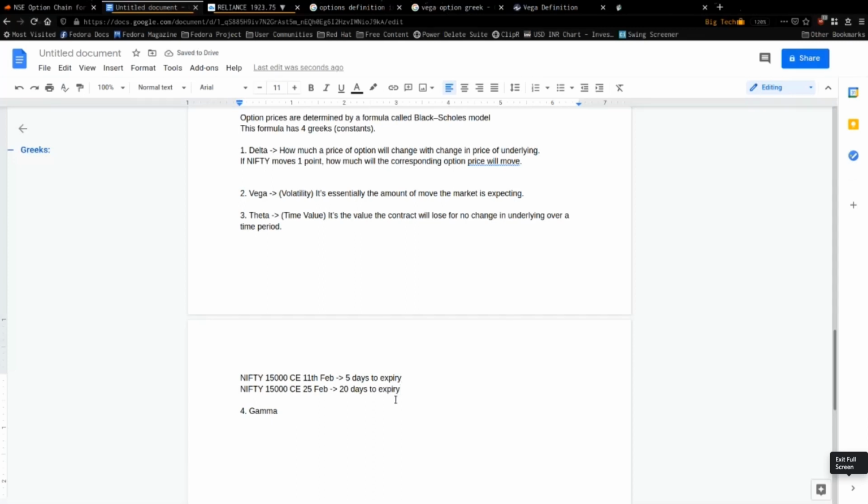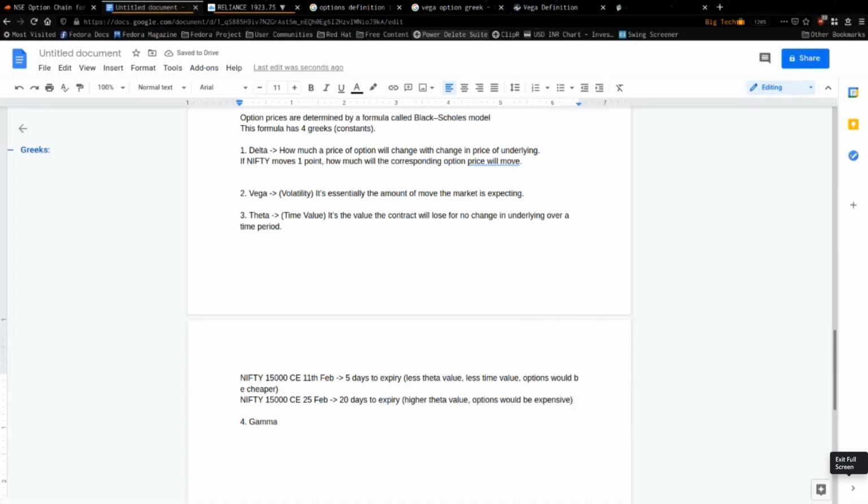So in this case, the one which is closer, 5 days to expiry, will have a lot less time value, which is why the option would be cheaper. Since it's essentially the same contract, just further out in time, the other will still have a significantly higher value. So higher theta value options would be expensive.